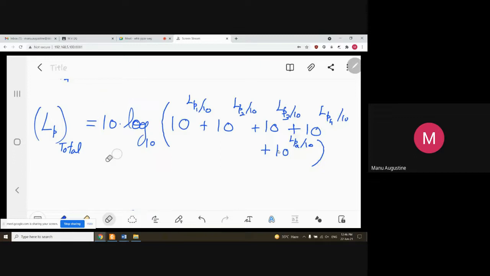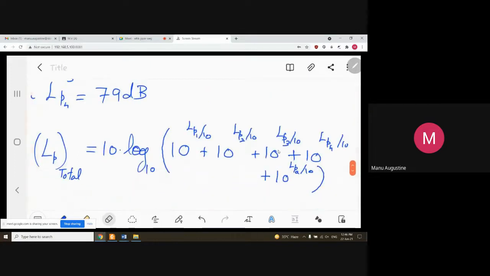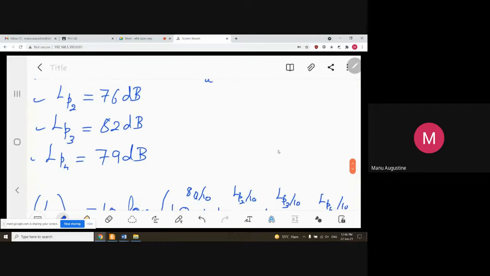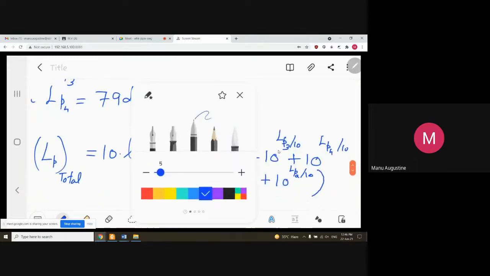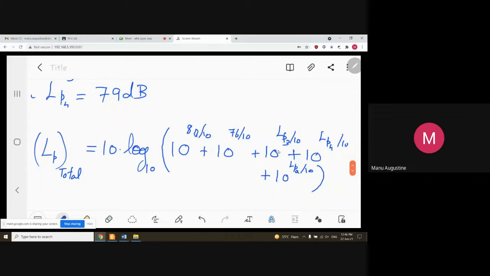Now, if you substitute the values, what is LP1? LP1 is 80. So this thing is 80. LP2 is 76. So this is 76 by 10. LP3 is 82.